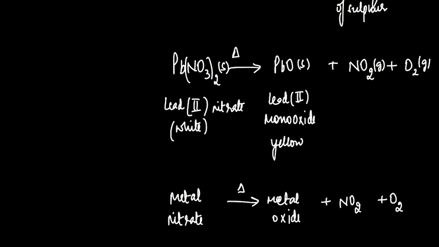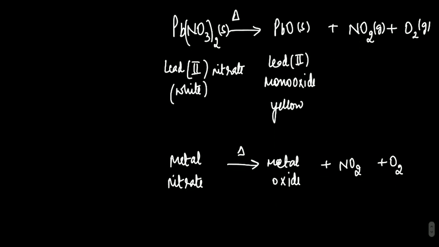So what we can remember is that most of the nitrates, not any other radical, not nitrite or nitride, I'm talking only about nitrates, when they decompose, they will give you the respective metal oxide. And since it's nitrate, we are going to get NO2 out of it and oxygen. Oxygen, we know, is a colorless gas. And NO2 we just discussed, this is brown fumes.